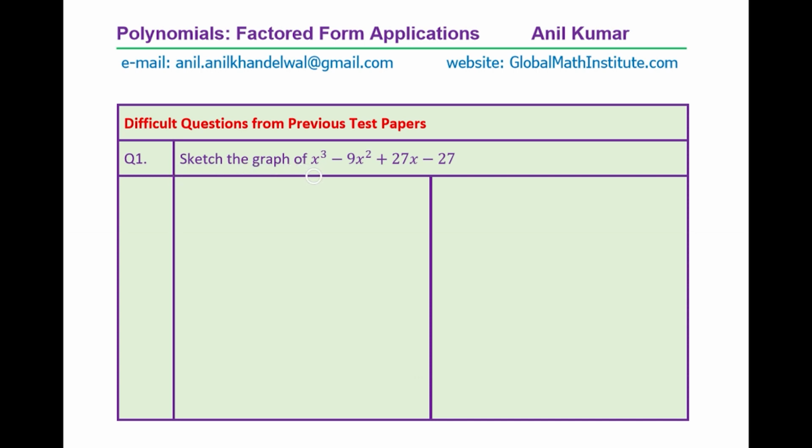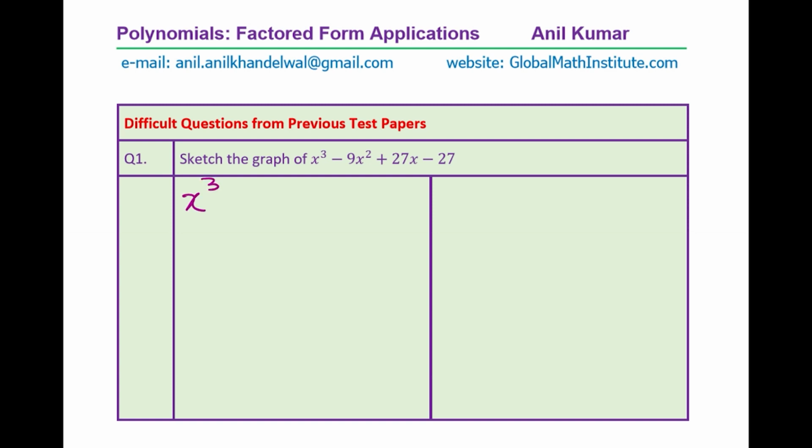Sketch the graph of x cubed minus 9x squared plus 27x minus 27. To factor this, we may have to regroup. I would like you to pause the video, answer this question, and then look into my suggestions. So let us see what we can do about it.